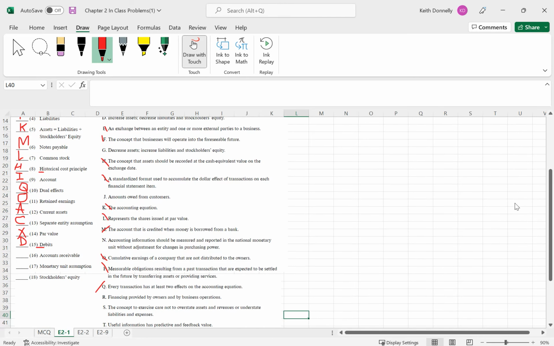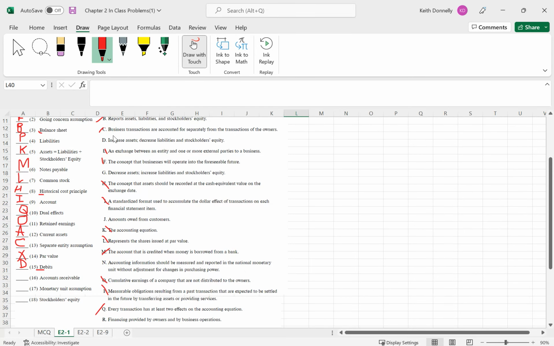D for debits. This is going to be an increase in assets and a decrease in liabilities, right? So if we have a debit and you have an asset, it's a plus. So that's why here they increase assets. And for liabilities and stockholders' equity, it's the reverse.